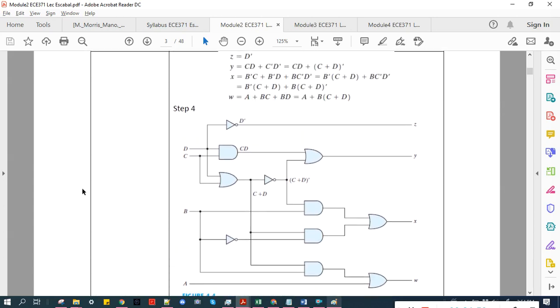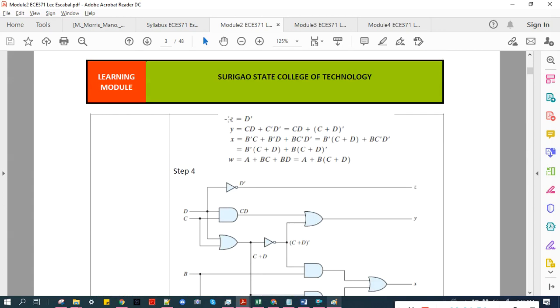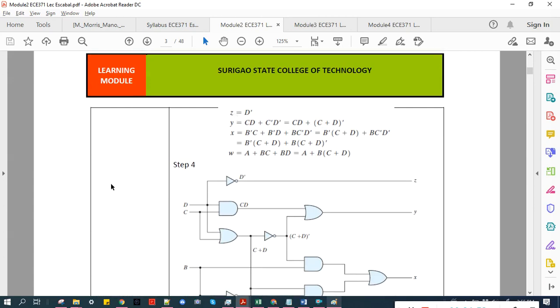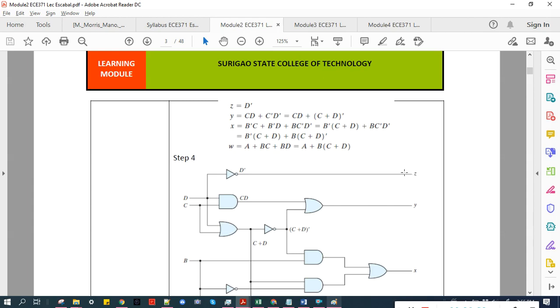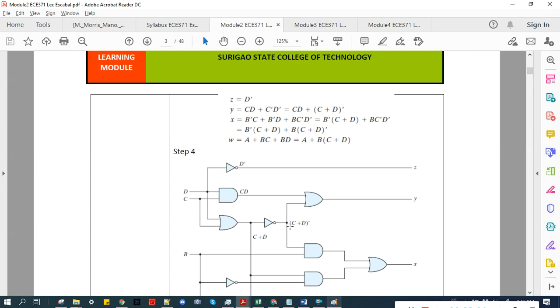We draw the logic diagram based on the Boolean function for z. For example, z is equal to d prime, so we just use an inverter. For y, we have cd plus c prime d prime. We use an OR of the AND between c and d, and then d prime.